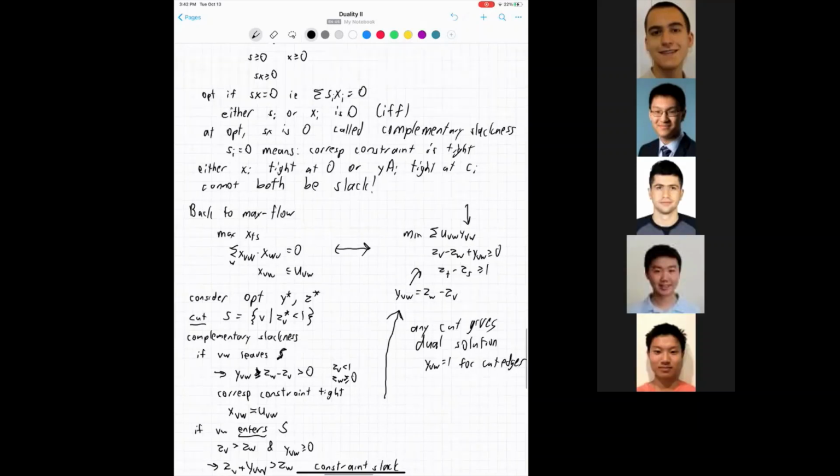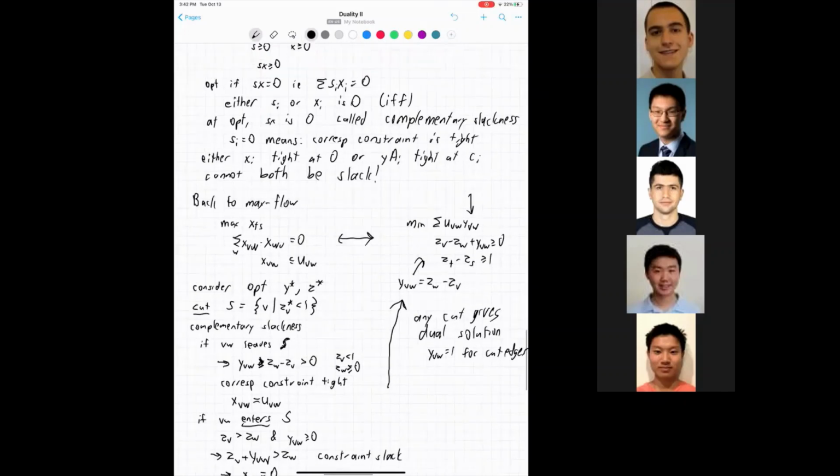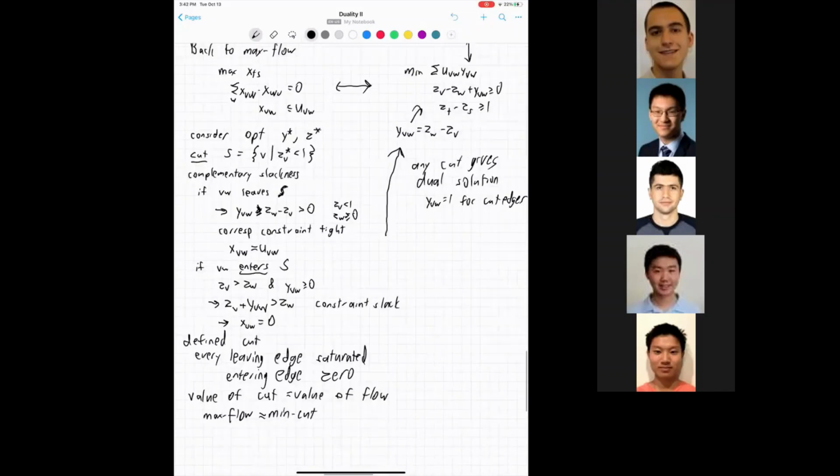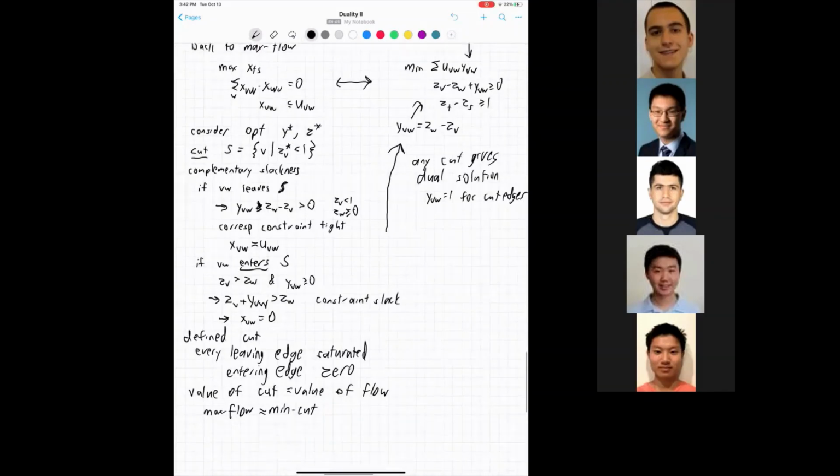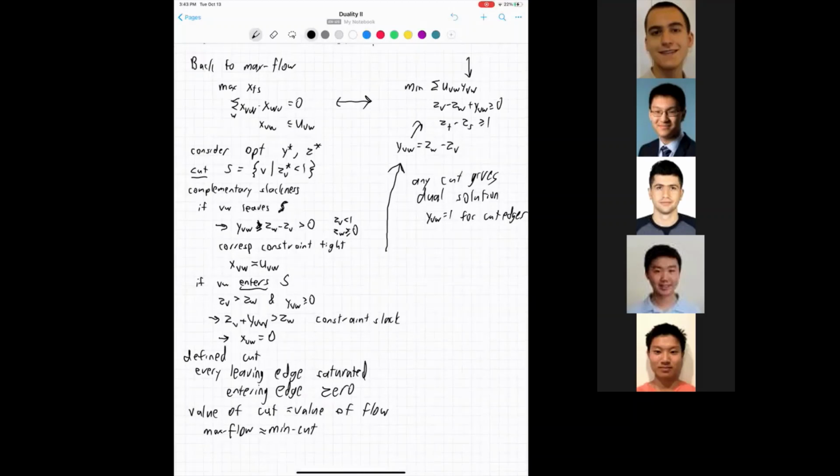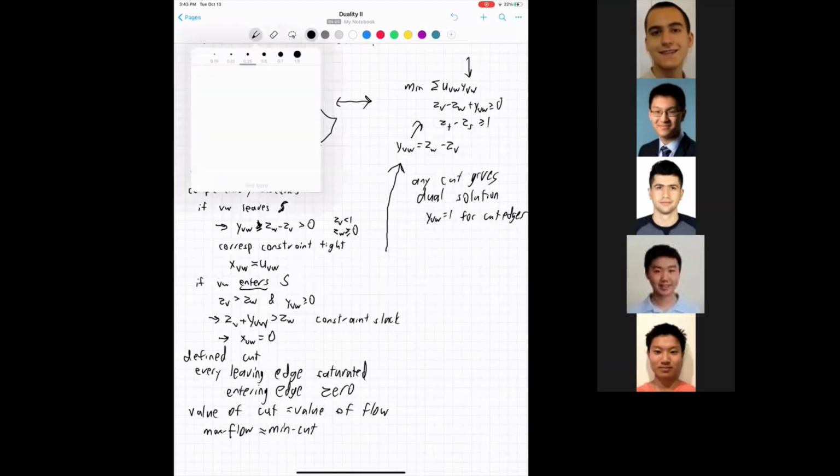But this wasn't necessary to prove that max flow equals min cut, right? No, it was. Because strong duality tells us that these linear programs are equal. And certainly every solution to this linear program is a flow, sort of by definition of flow.